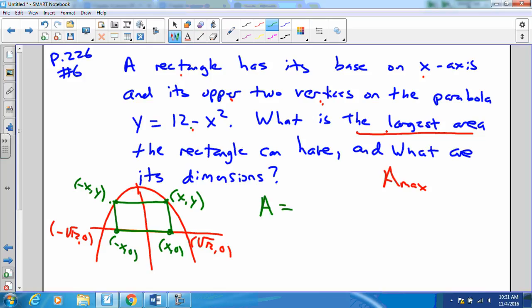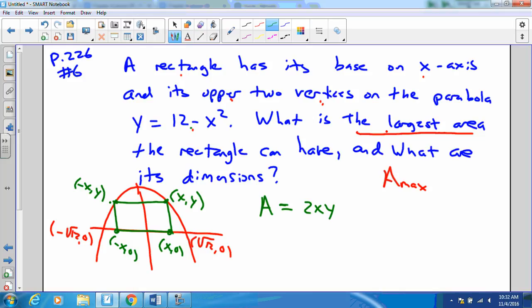Okay. And now, having done this, I'm going to establish the area as a function of x and y. And what is that area function in terms of x and y? That's it. 2x times y.